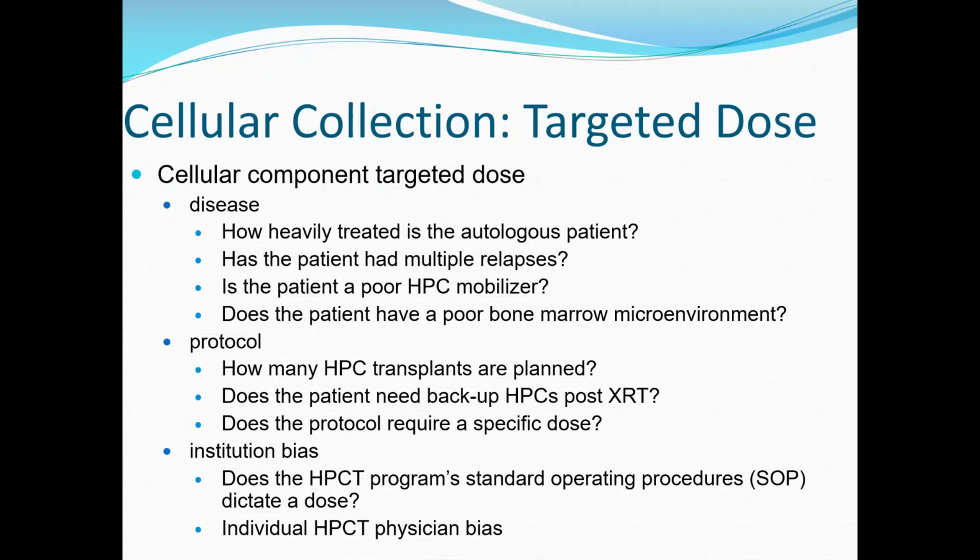Does the patient need backup after the treatment or after the HPC post-procedure? The protocol requires a specific dose, and the Dutch HPCT program standard operating procedure (SOP) indicates the dose, and the individual HPC dose is set by the physician.